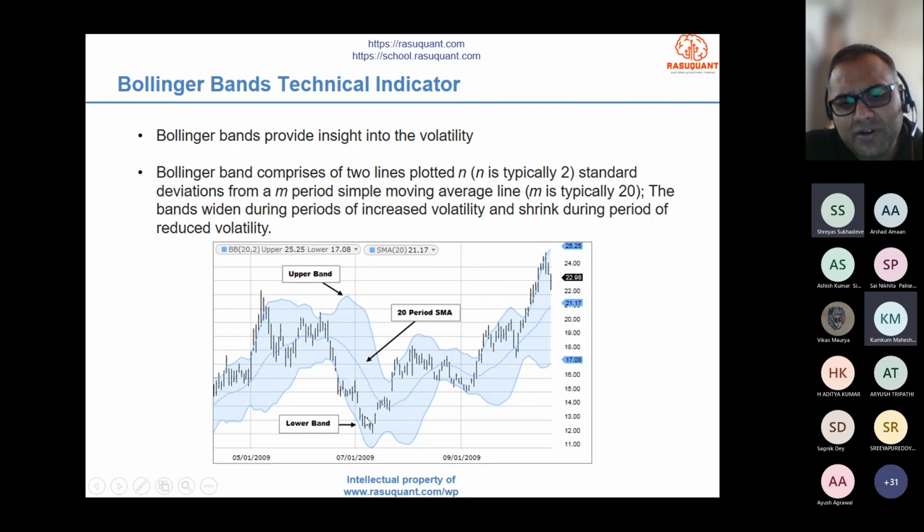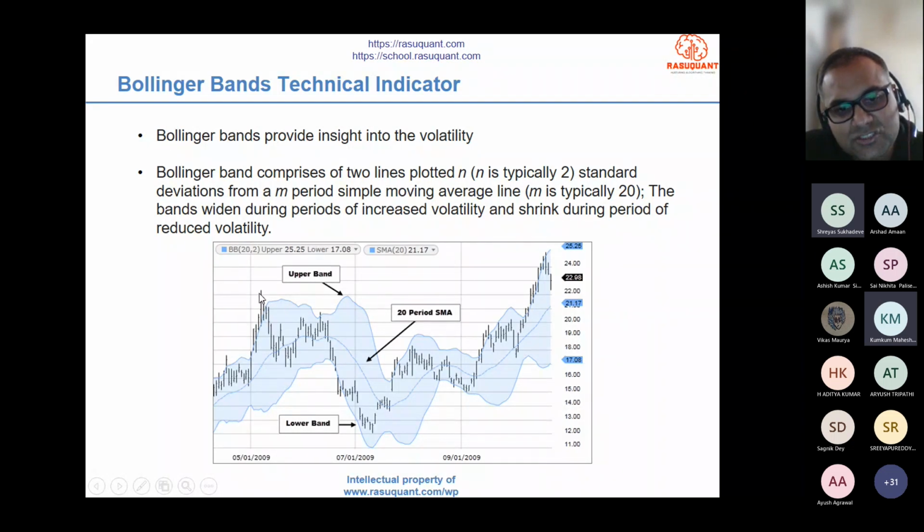Usually what traders do is that whenever this thing widens, that gives you an impression that a correction is going to happen, or whenever the price of the stock breaches the upper or the lower band, that gives you a signal. For example, in this case, you can see that the candles have breached the upper band of this particular technical indicator.